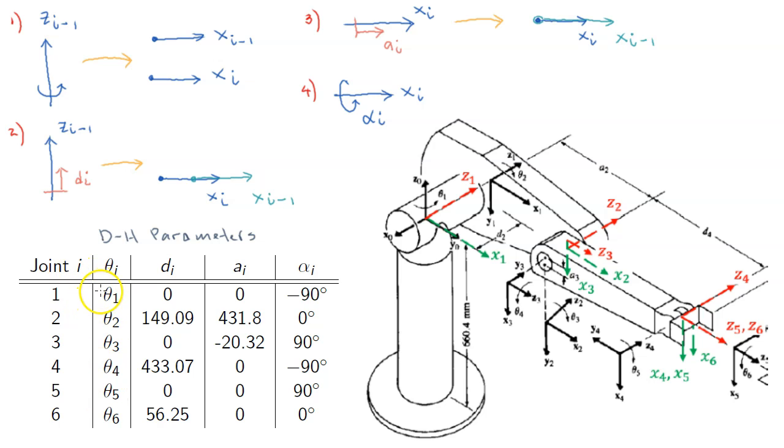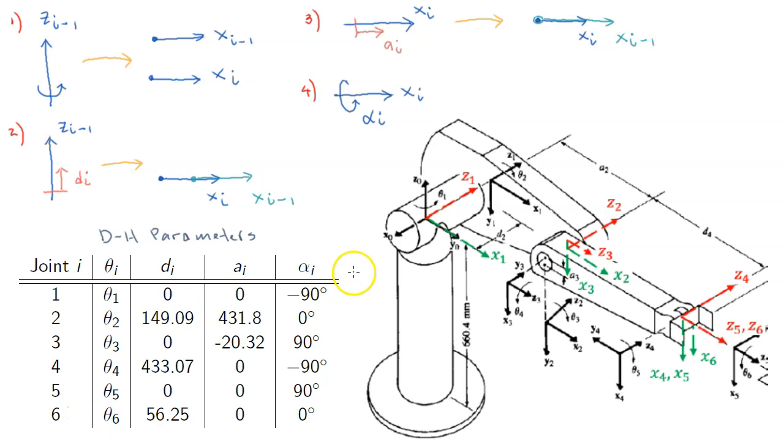So for theta, we will just leave it as a variable, theta 1 up to theta 6. The reason for this is because these are our joint variables, because we have only revolute or rotary joints for our PUMA 560 robot. And for different poses of our end effector with respect to the base coordinate frame, or different configurations, we'll be having different values of these thetas.